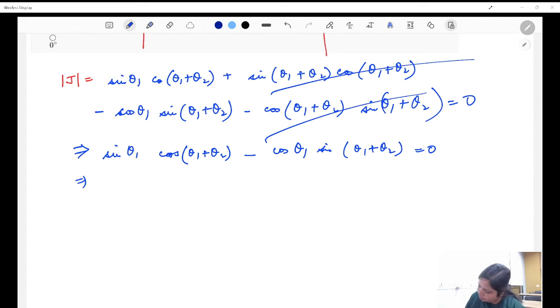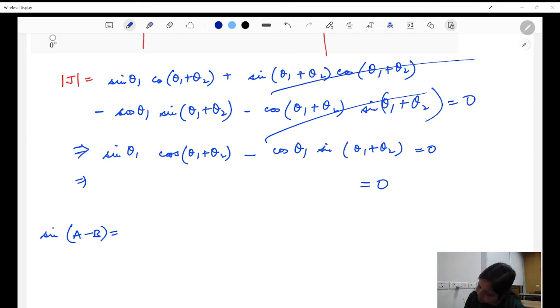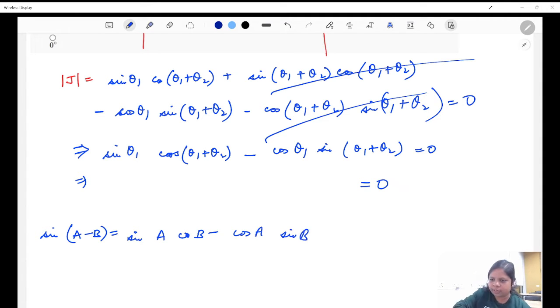Now, can anyone tell me what you're going to get on the left hand side, when the right hand side is 0? It is a simple trigonometric identity. This is the formula of sine A minus B. Sine A minus B is sine A cos B minus cos A sine B, right?